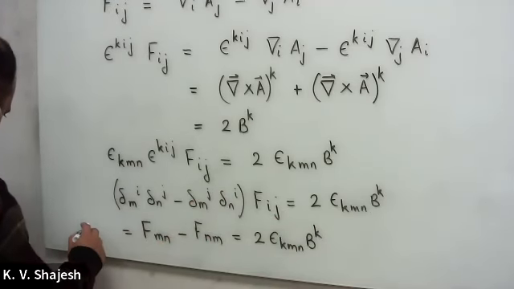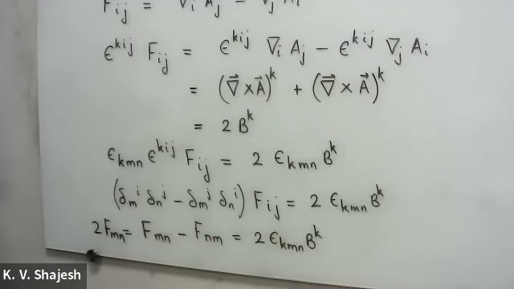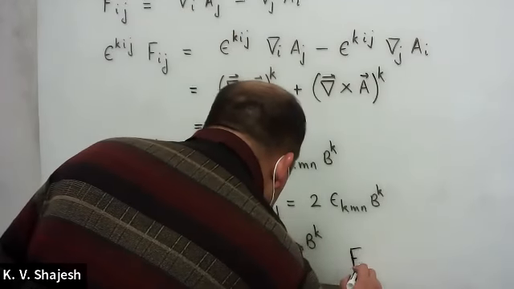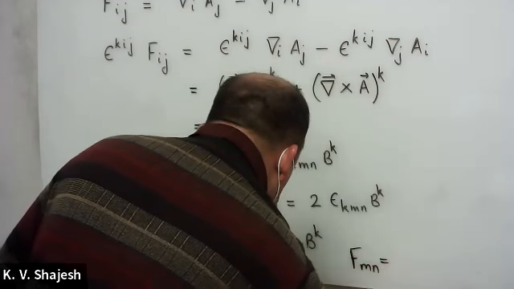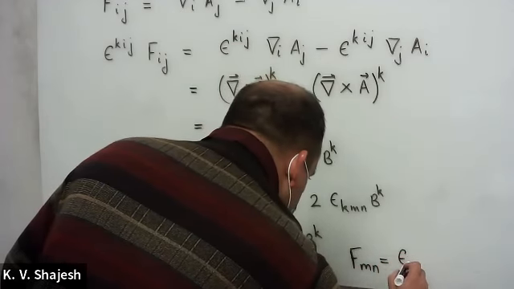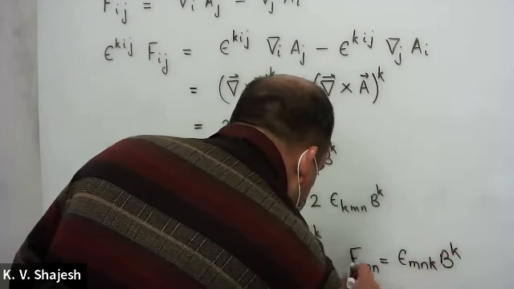So I have 2 F m n equal to that. The 2 cancels out. And what I learn is that F i j or F m n is equal to epsilon m n k times B k.